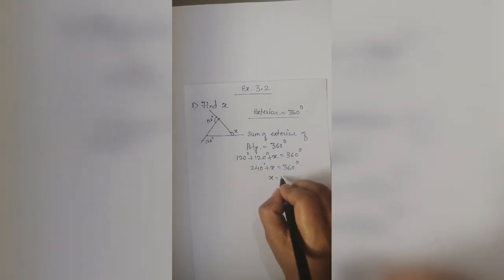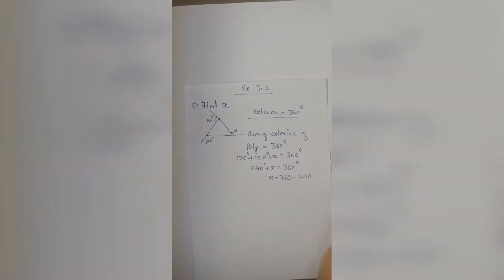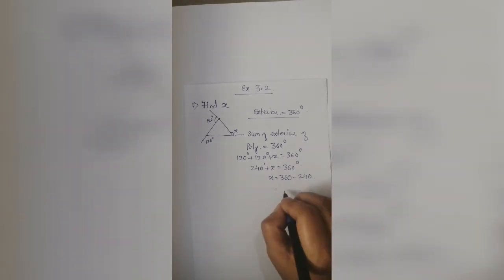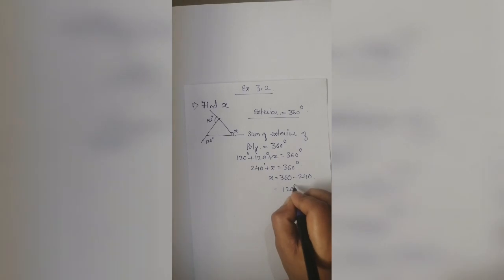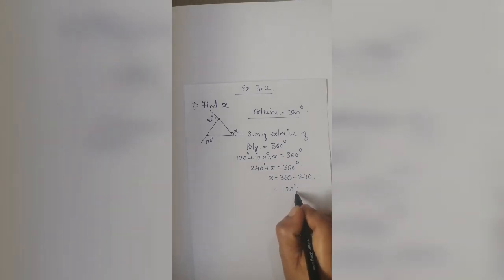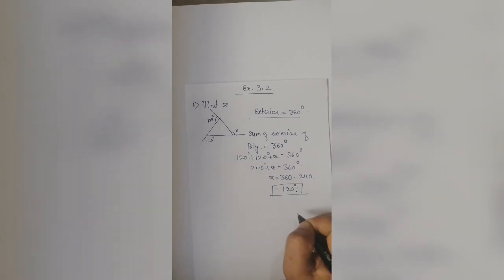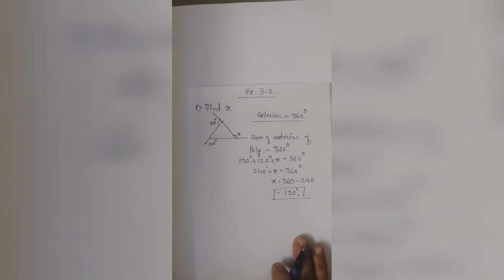So X is equal to 360 minus 240. That means here it is 120 degrees. That means this is a regular triangle and all the exterior angles are equal. Therefore, X is equal to 120. Here you have to directly use the exterior angle sum property.